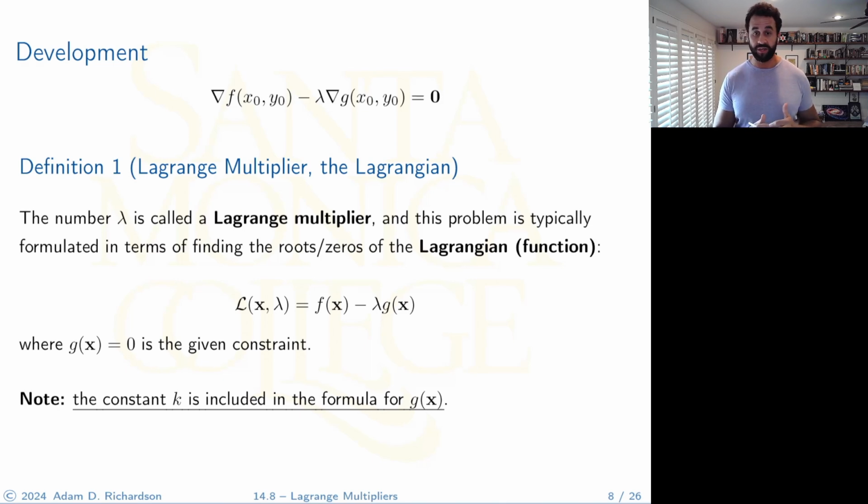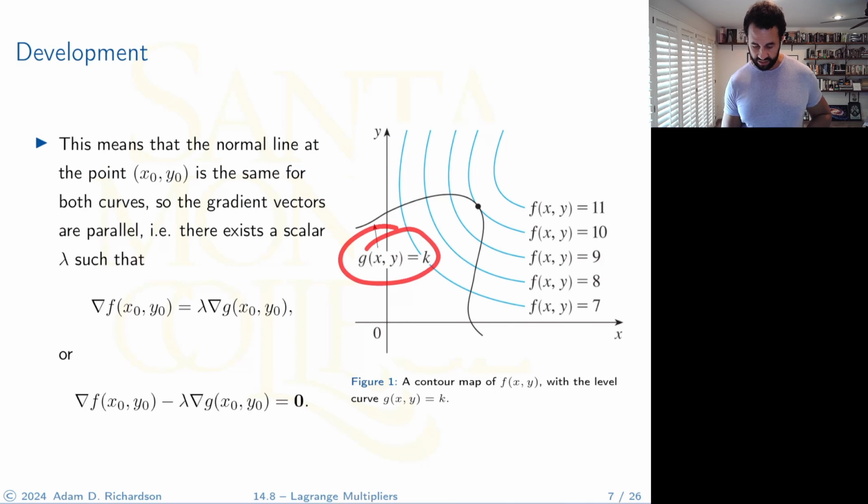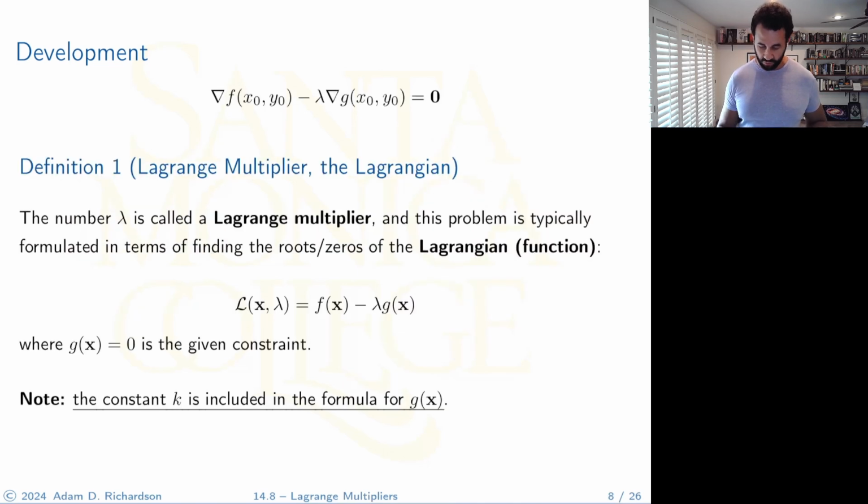The other thing I want to mention is that in this formulation of the problem, g of x already includes the given constraint of k. So if you look back at these pictures, it says g of x, y equals k. What I'm saying is that in this formula, g of x is really some function minus k.